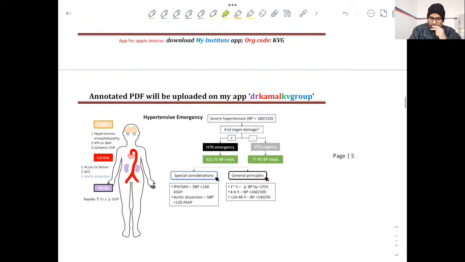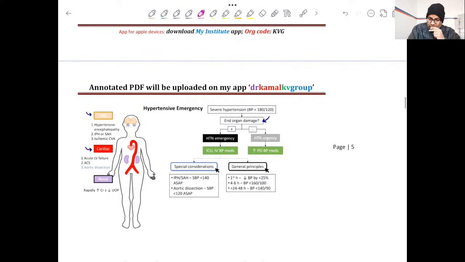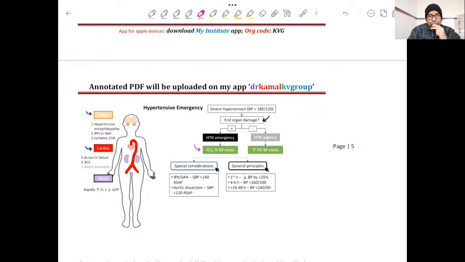So in hypertensive emergency, the blood pressure is extremely high, and this is associated with end organ damage. It can be in the form of CNS, respiratory system, cardiac involvement like acute coronary syndrome and all, right? In hypertensive emergency, the patient has to be in ICU, and intravenous antihypertensive agents have to be started.